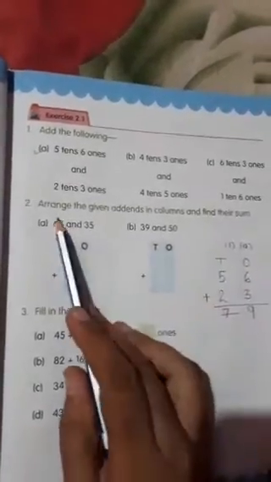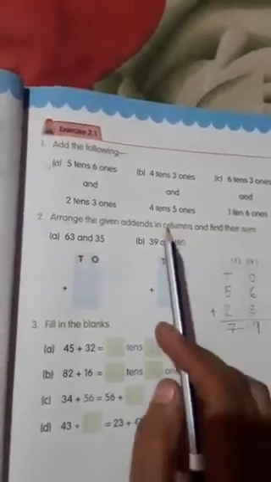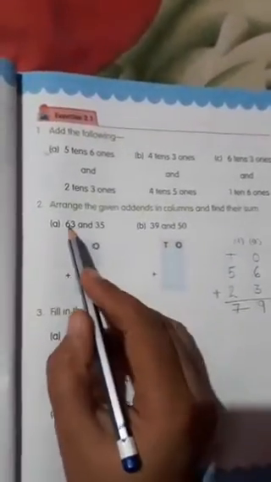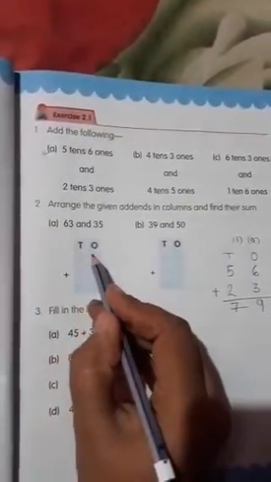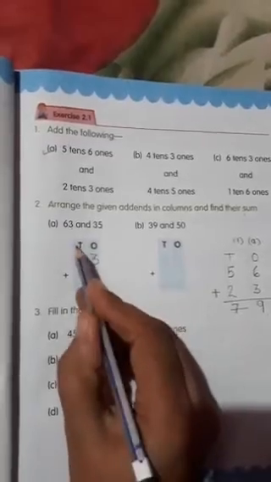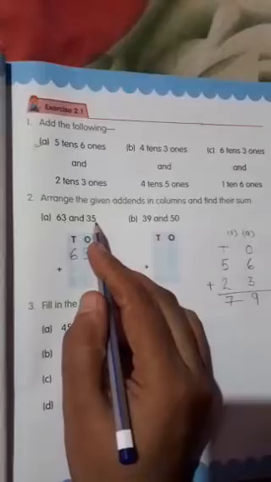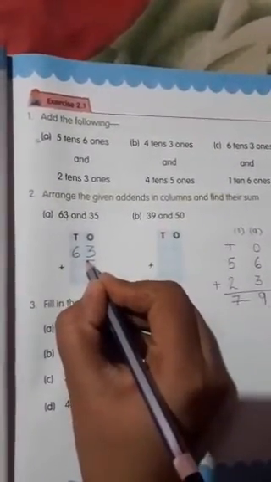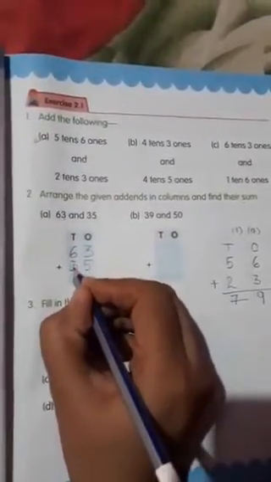Arrange the given addends in columns and find their sum. We have to arrange these addends in columns and find the sum. So 63: first we will fill 3 in the ones place and 6 in the tens place. 35: we fill 5 in the ones place and 3 in the tens place.